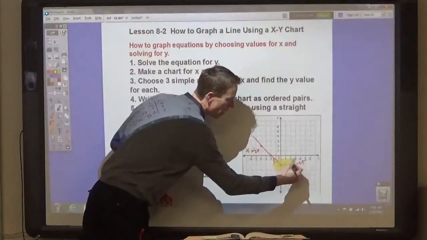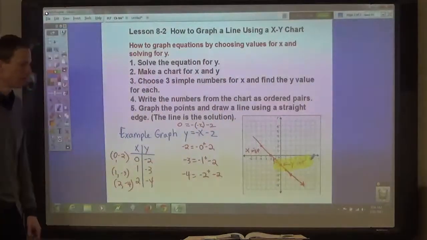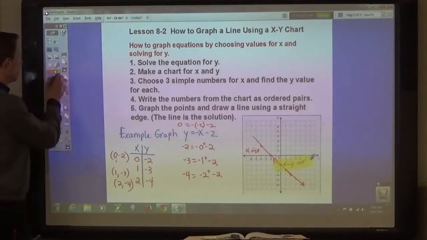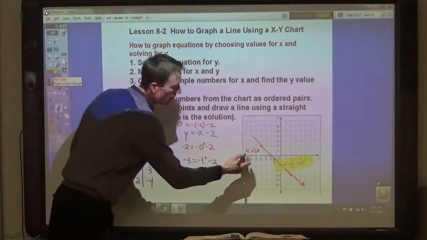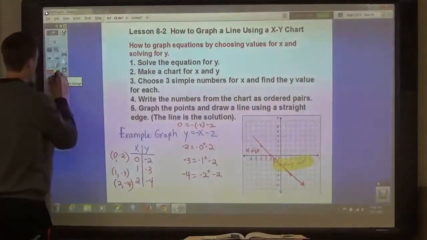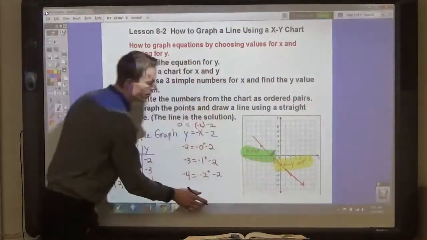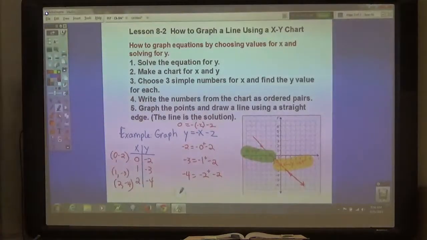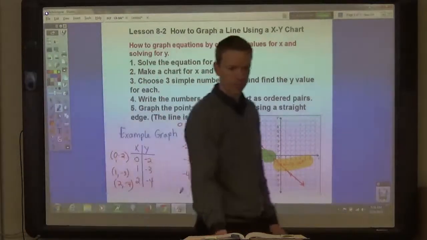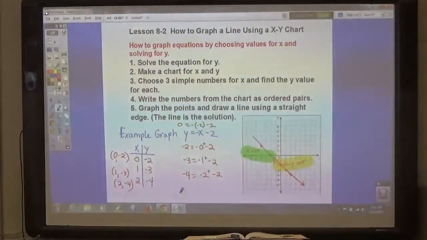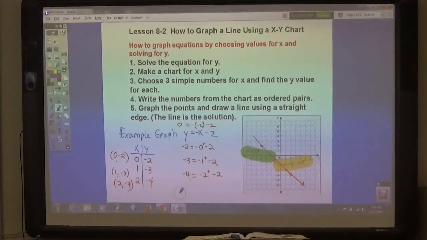This is the y-intercept, and this is the x-intercept. Okay? Any questions on that? All right. So that's the first part of lesson 8.2, graphing using the x and y chart.